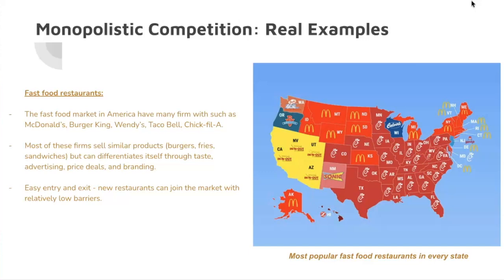Most sell similar core products: burgers, fries, chicken sandwiches, but each differentiates itself through taste, portions, advertising campaigns, price deals, and brand identity.